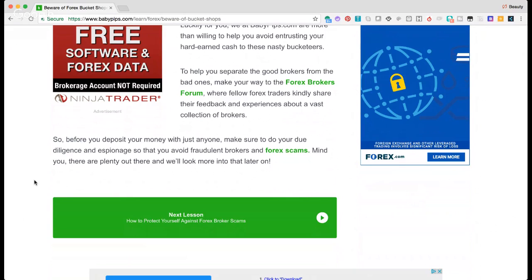So before you deposit your money with just anyone, make sure to do your due diligence and espionage so that you avoid fraudulent brokers and Forex scams. Mind you, there are plenty out there, and we'll look more into that later.